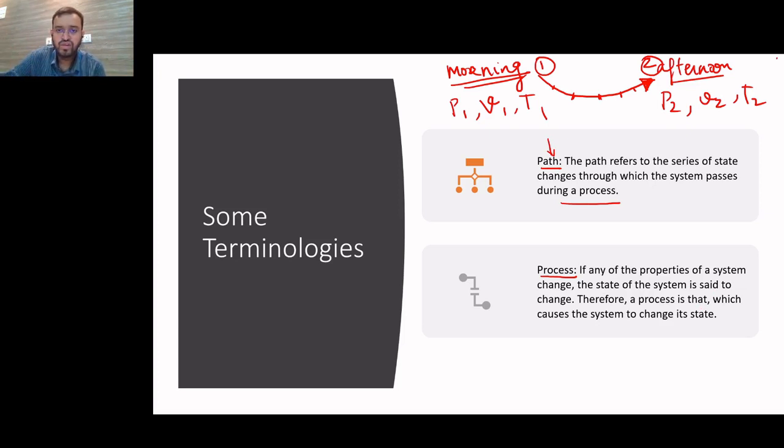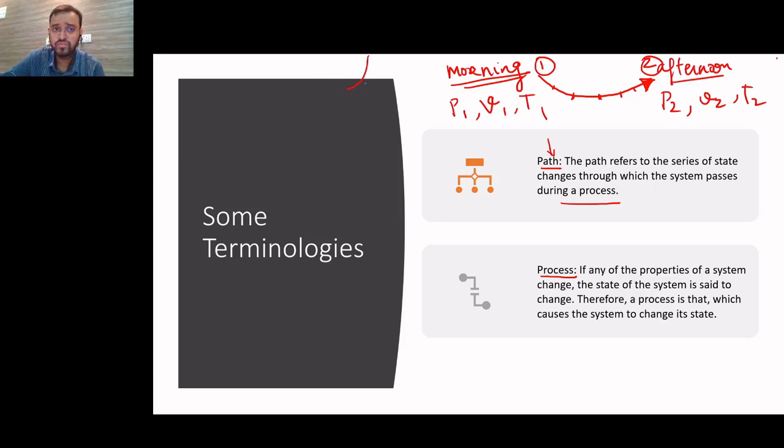Okay. So for example, again, let's take the example of your atmospheric conditions changing from morning to the afternoon. Your pressure changes, your velocity changes, your temperature changes, and so on and so forth. And it took this path from path 1 to path 2. So the process which was happening, which caused this change, was probably the heating of the atmosphere because of the sun.